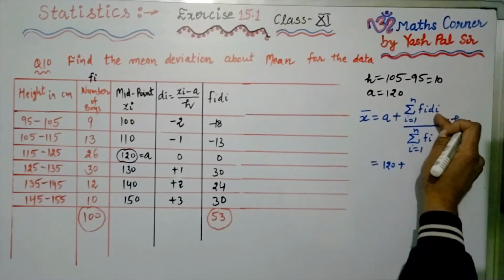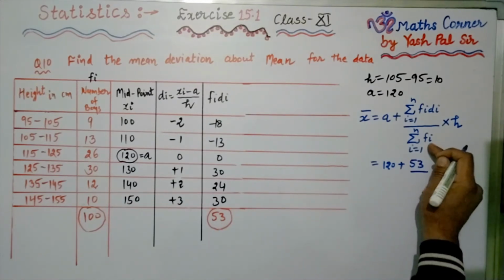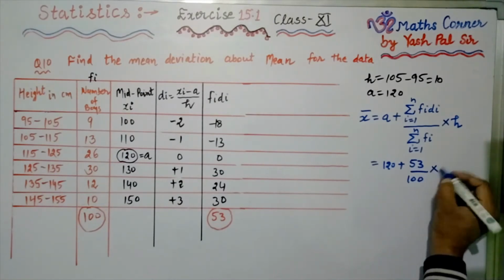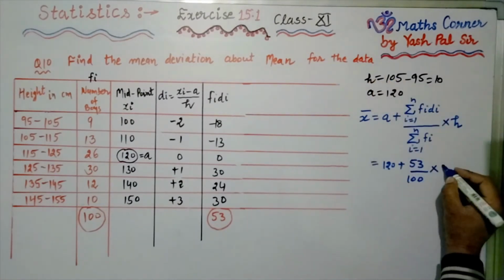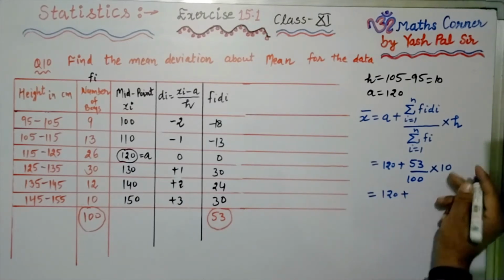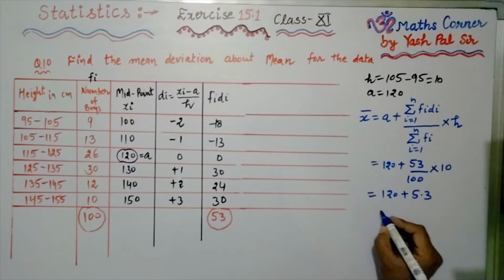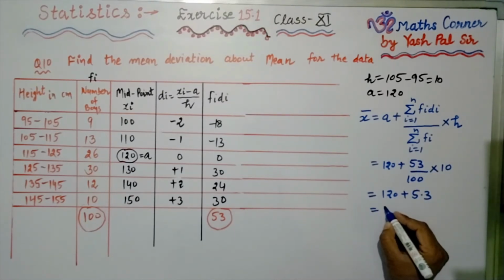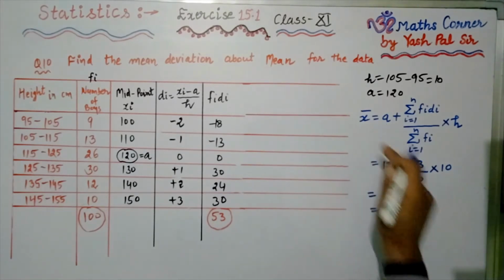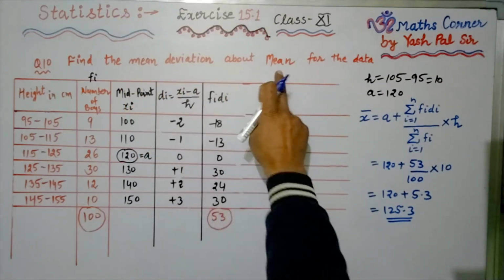So this is equal to assumed mean 120 plus summation fi di, this is equal to 53, divided by summation fi, which is equal to 100, into h, h is equal to 10. So this is equal to 120 plus, 10 cancelled, 5.3. So this is equal to 125.3. This is the mean.